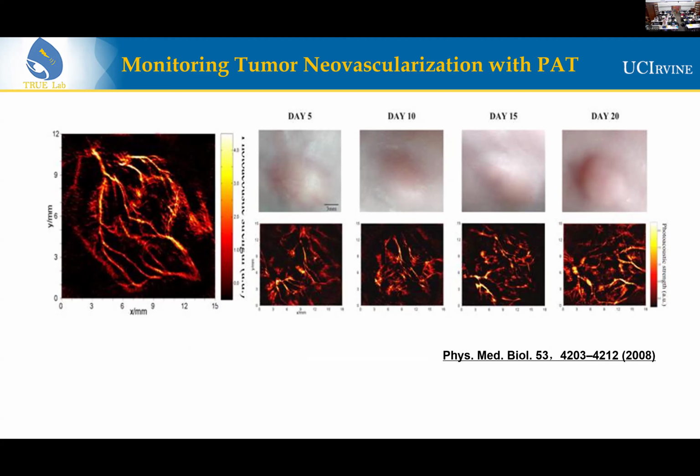That's another paper we published. We have a breast cancer model on mice, and as you can see, from day 5, 10, 15, we can visualize how the vessels are growing, how the density of the vessels increases with photoacoustic imaging.